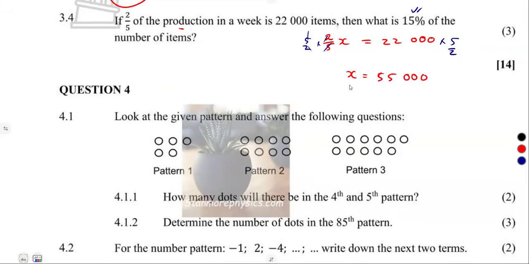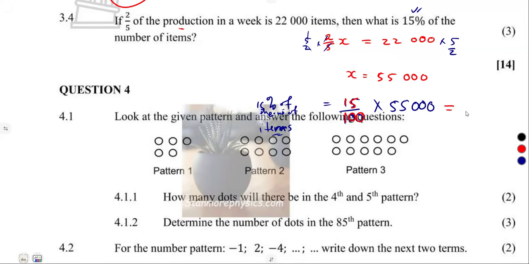So what is 15% of that? That is, what is 15% of the number of items? If our X is representing the unknown, which is the number of items, it's going to be 15 over 100 times 55,000.